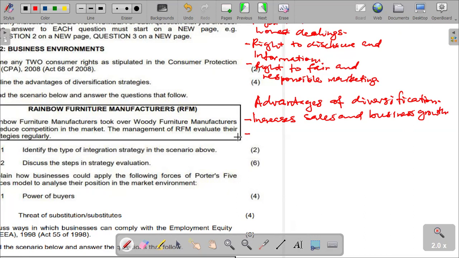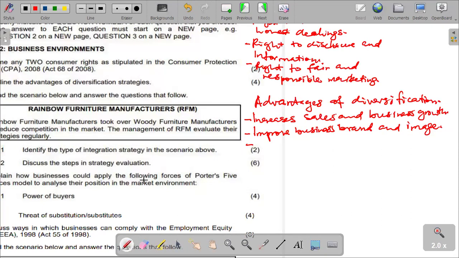It can also improve the business brand and image. Diversification helps businesses to improve their brand and image.